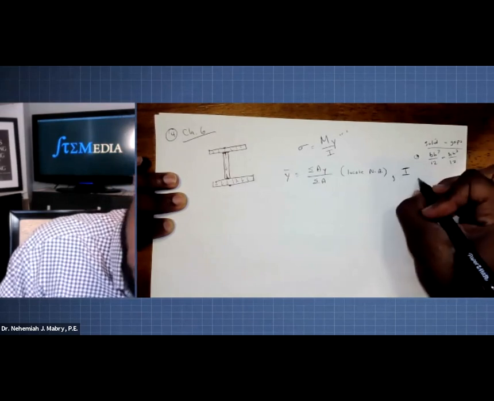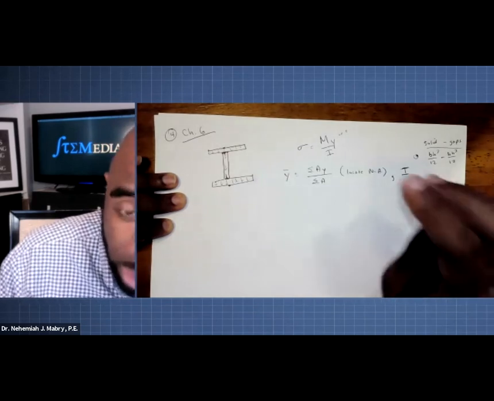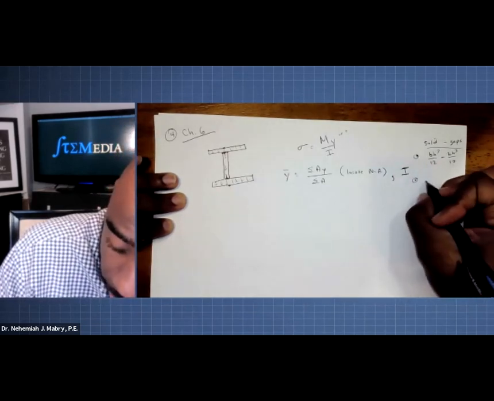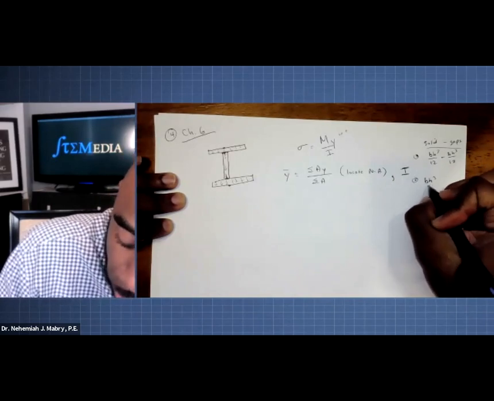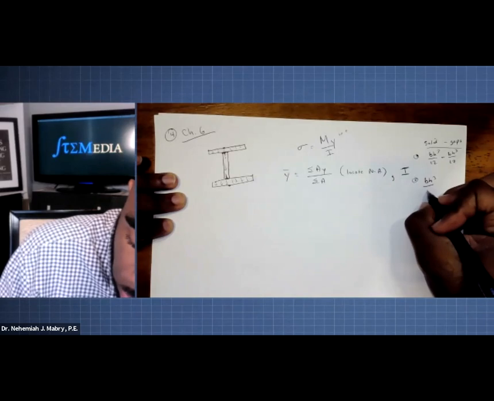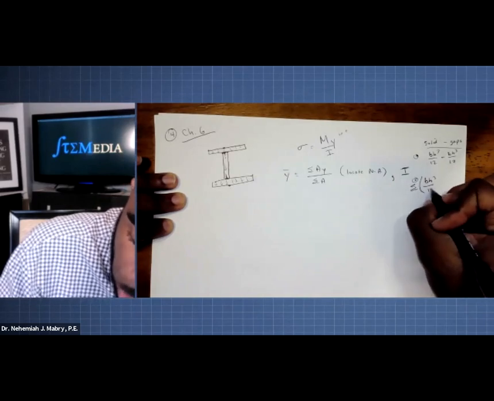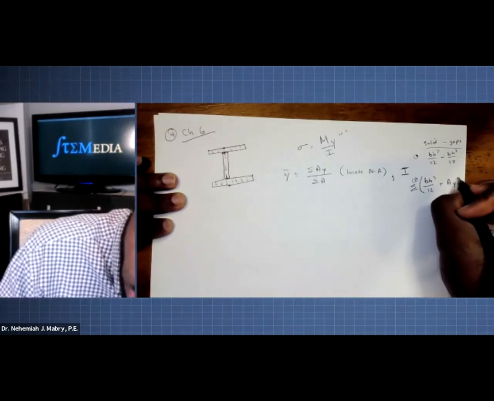Or there's another way you can solve for it. I hope you all can see this well, and feel free to come off mute if you want to say something. And then there's the other one that a few people were curious about, where you would use the summation of BH cubed over 12 plus AY squared.